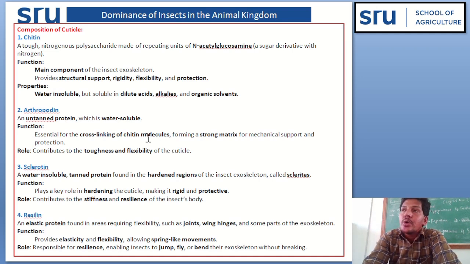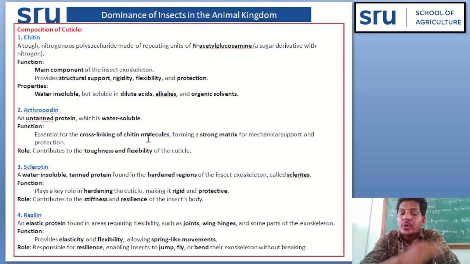Next is sclerotin. Sclerotin is a water insoluble tanned protein. It plays a key role in hardening of the cuticle, making it rigid and protective. It contributes to the stiffness and resilience of the insect body. This is because of sclerotin only. Next is the last protein, resilin.